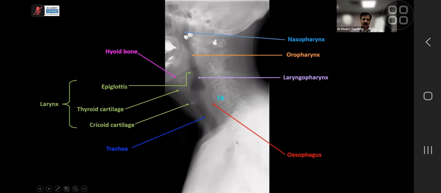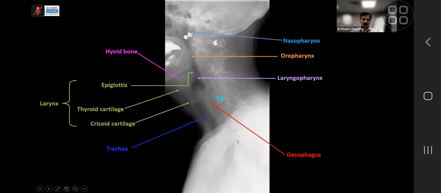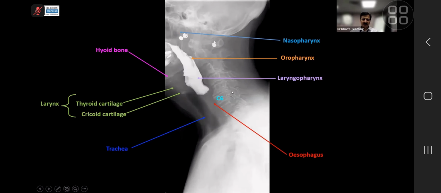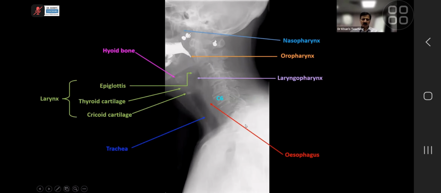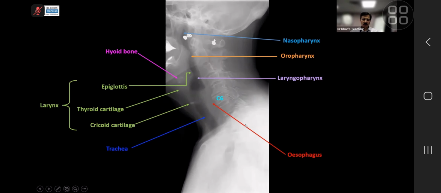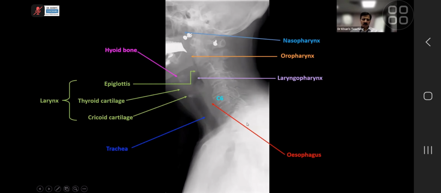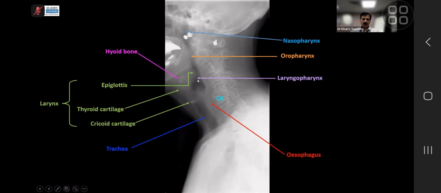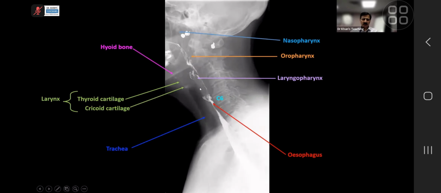So let's see it in fast motion. Here you are. Do you see? Complete obliteration, everything, and then it goes down. So this is how we swallow. So the epiglottis is the lid of the larynx.